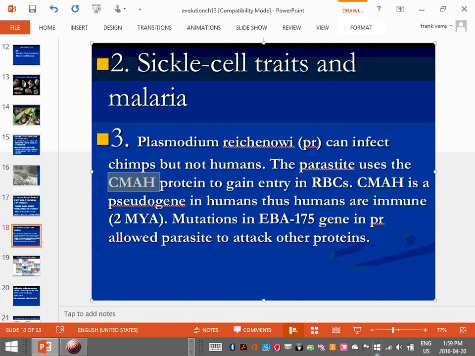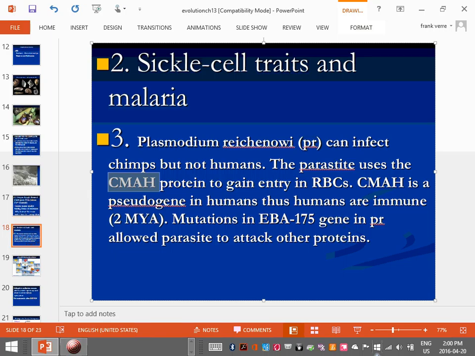It became a pseudogene, a dead gene. So now what happened is, any human who had 2 copies, you need to have 2 copies, because if you only have 1 copy, that means half of your CMAH proteins are actually there. But if you have 2 bad copies of CMAH, then you don't make the protein.